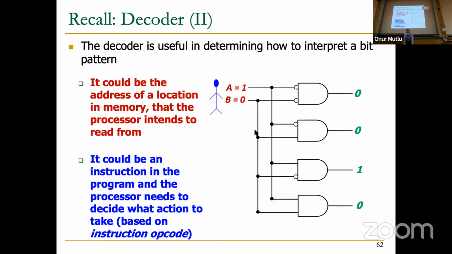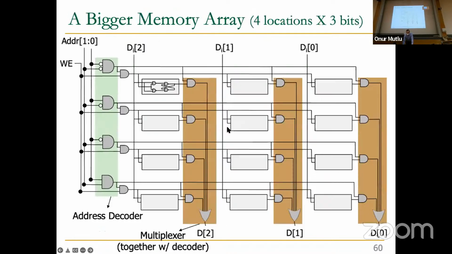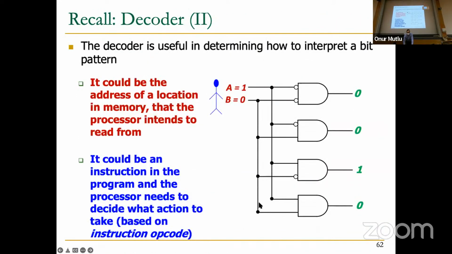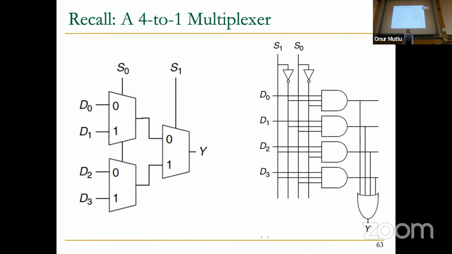So recall the decoder. Does this look very familiar to you? It does, right? Well, I should go back here. This is your decoder, basically. That's the address decoder. It looks exactly the same as this one. Maybe some bubbles are turned around. Okay, recall the multiplexer. This is essentially what we're seeing.